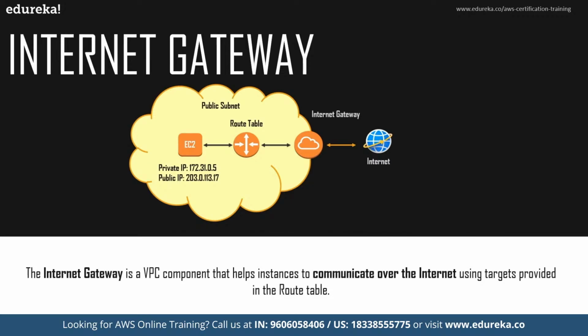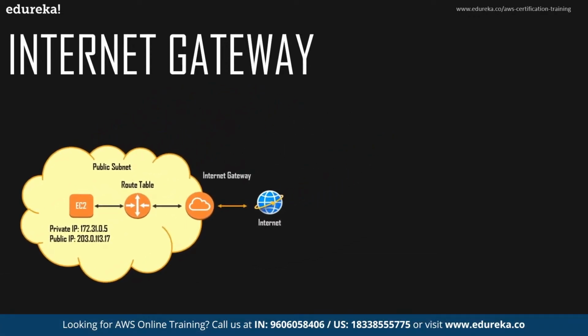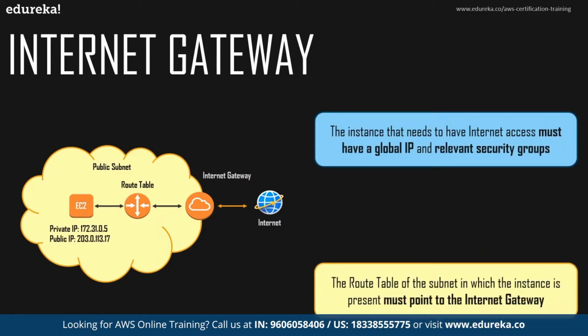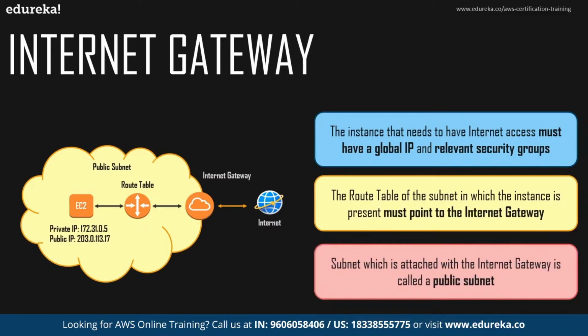For that, there is a service provided by AWS within VPC known as Internet Gateway. This Internet Gateway shall be linked to the subnets which we want to be connected to the internet. Thus, the Internet Gateway is a VPC component that helps instances to communicate over the internet using targets provided in the route table.